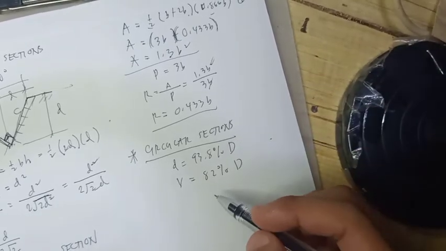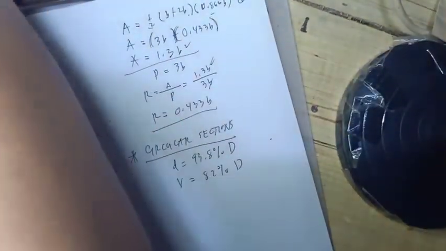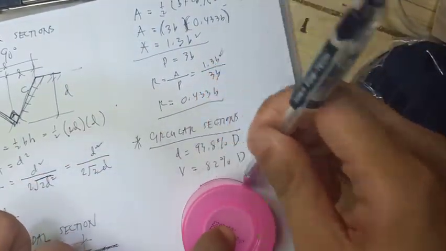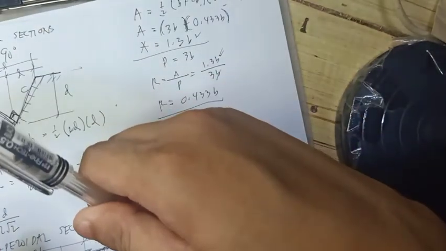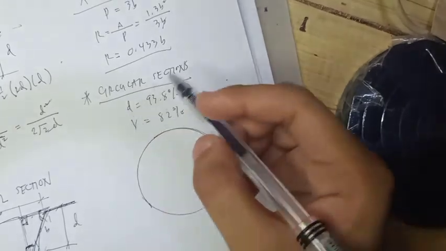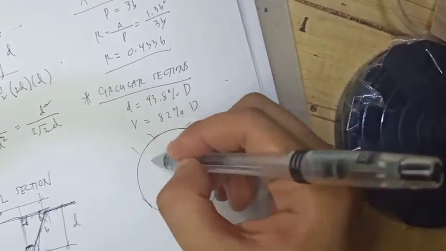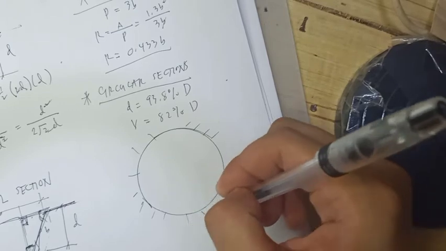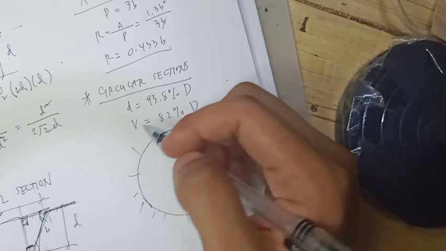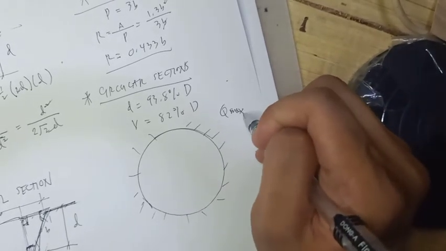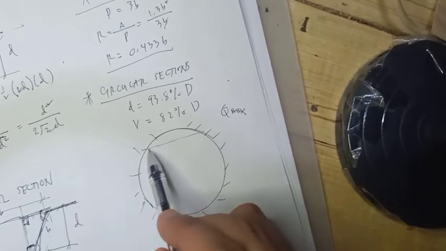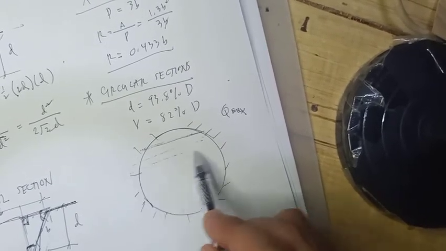So therefore, let's draw a circular, no? So ito circular section. Ito like ganyan. Which is naka-Qmax na daw siya. And let's say diameter.